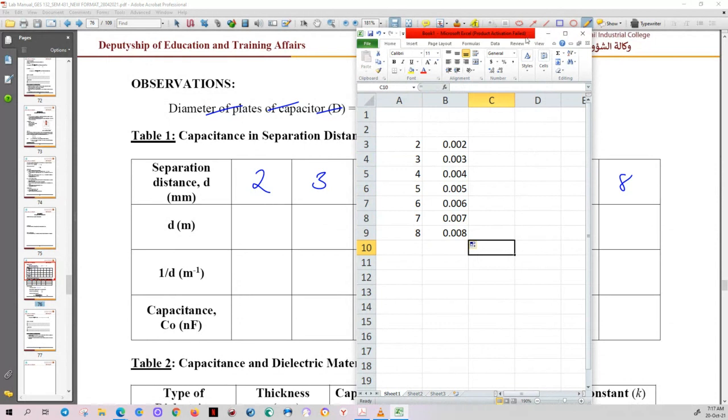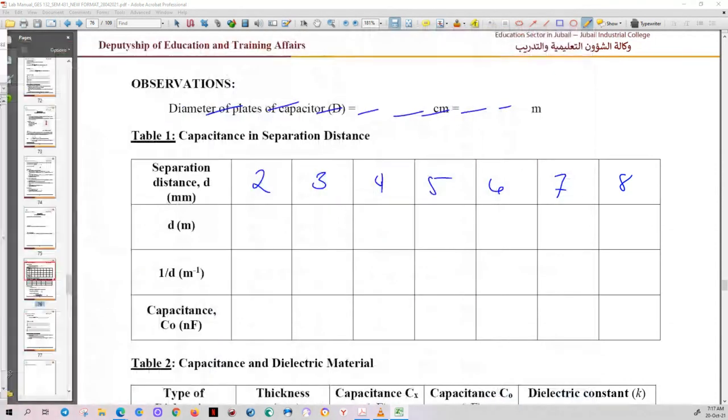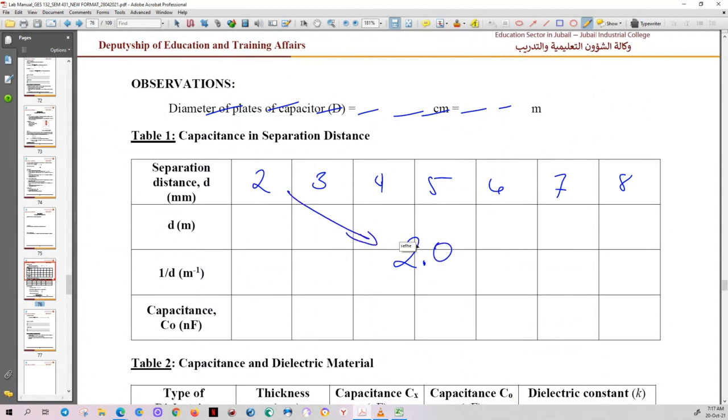Another technique, you can copy this and then write it in D. Another technique is this. If you are going to divide by 10, 100, 1000, 10,000, or even by 1 million, count the decimal. Here 2.0 is the number, and the decimal point is here. If you divide, you move the point by the equal number of zeros.